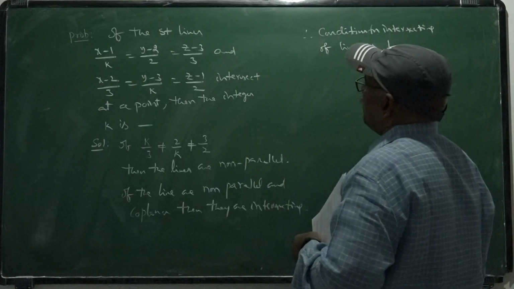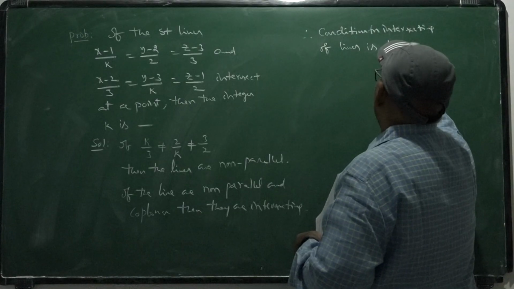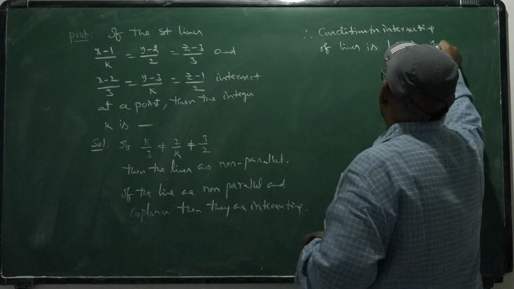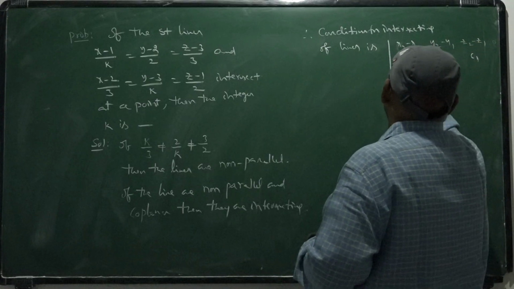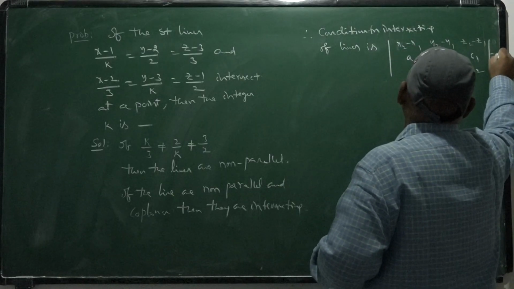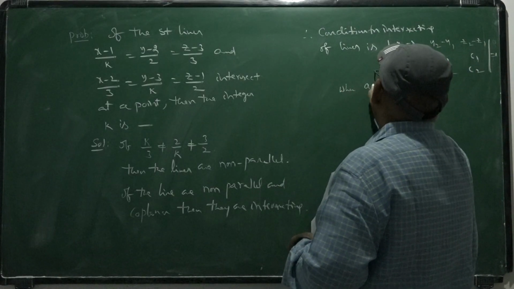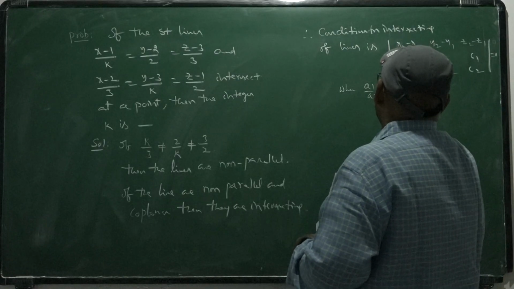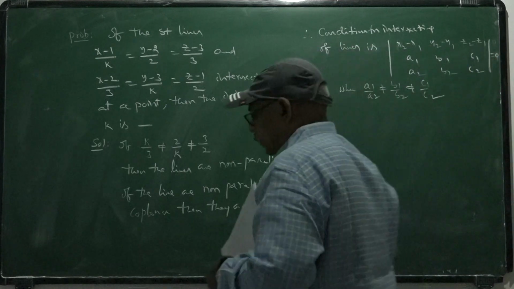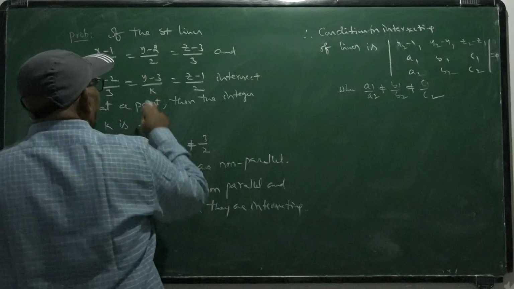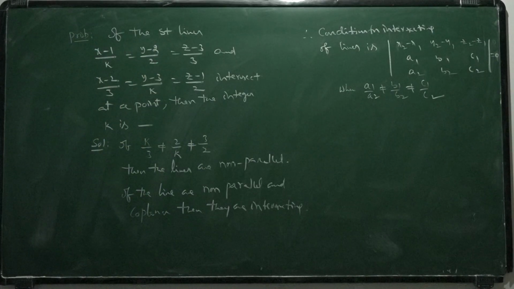That is, the determinant of x2 minus x1, y2 minus y1, z2 minus z1, a1, b1, c1, a2, b2, c2 is 0 when a1/a2 is not equal to b1/b2 is not equal to c1/c2, once they are intersecting. k/3 equal to, suppose 2/k square equal to 6, k can never be equal to root 6 here, and moreover it is not equal to 3/2.